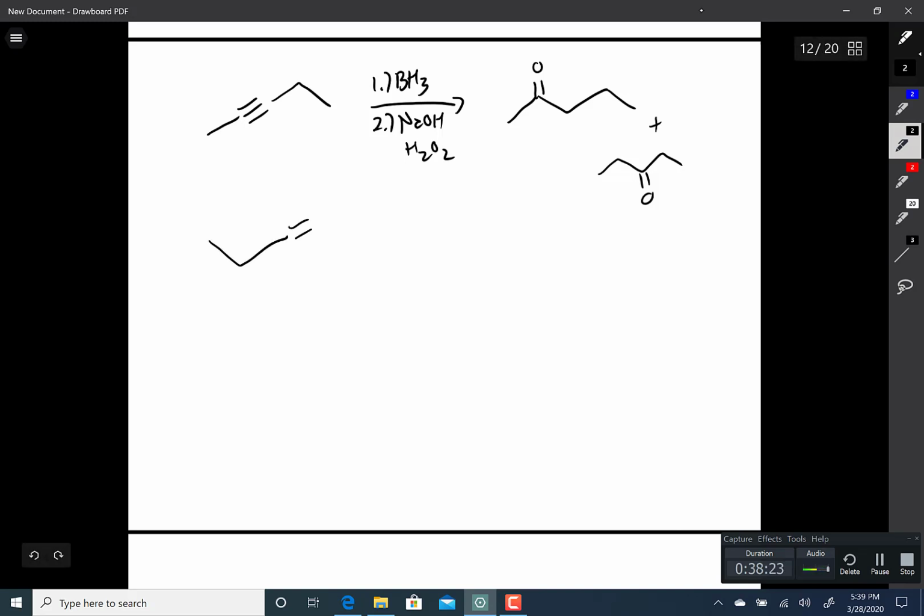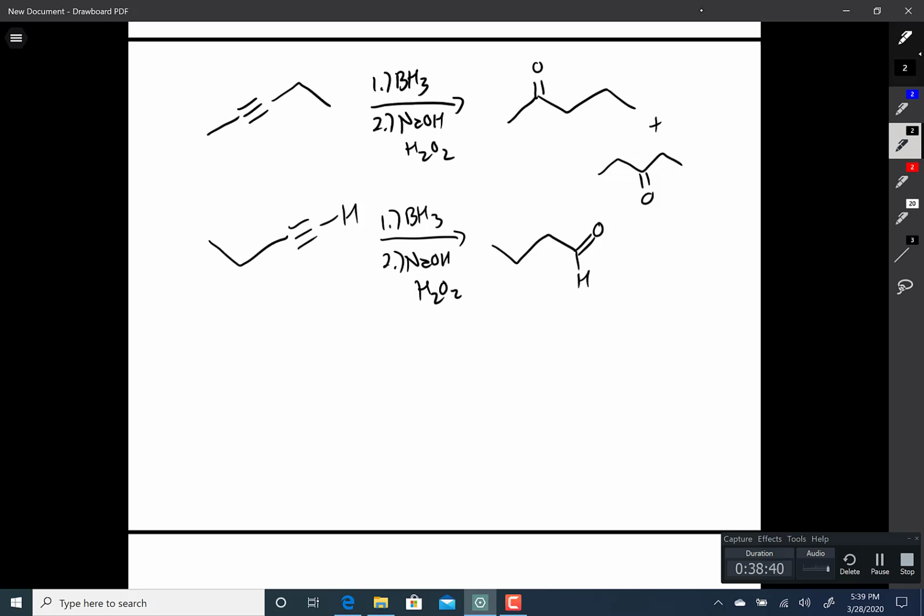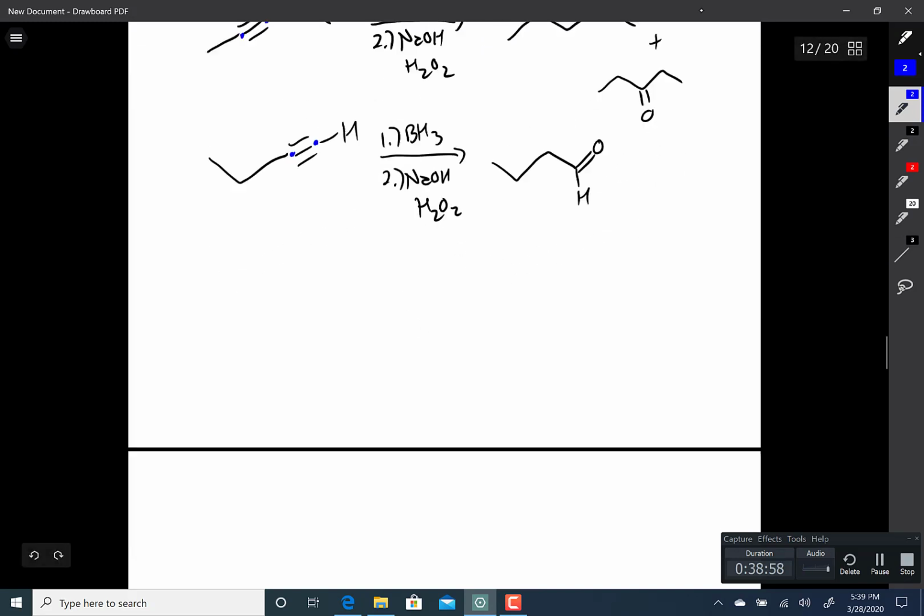But you get a difference when it's a terminal alkyne. Then you don't get a mixture. Because there's a definite difference in the substitution of these two carbons. Versus these two, there's no real difference in the substitution. Okay.